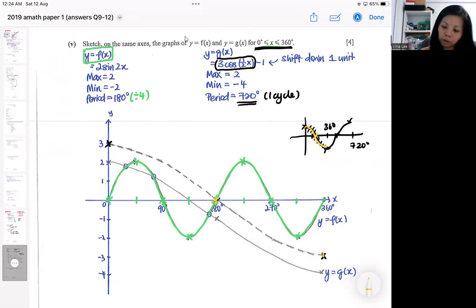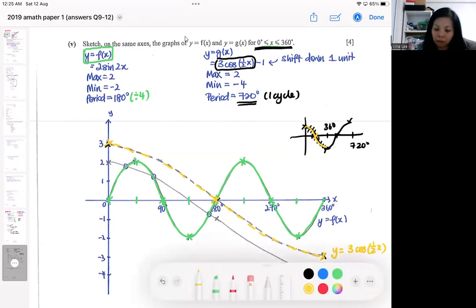So if you look carefully, this is the part that I have not shifted down. This part will be y = 3 cos(x/2). Then I put it as dotted because it's not my final answer.